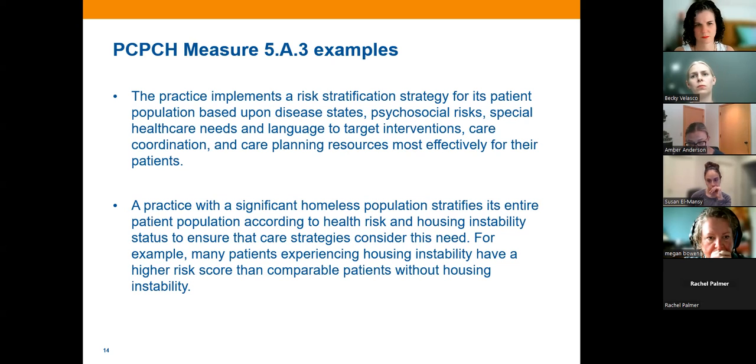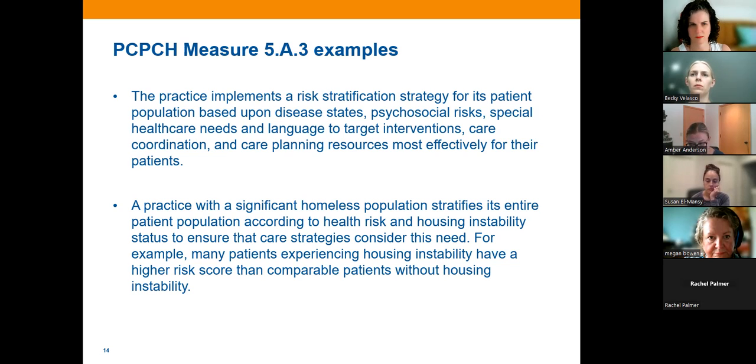Here are two examples of how you could implement this measure in your practice. The practice implements a risk stratification strategy for its patient population based upon disease states, psychosocial risks, special healthcare needs, and language to target interventions, care coordination, and care planning resources most effective for their patients.